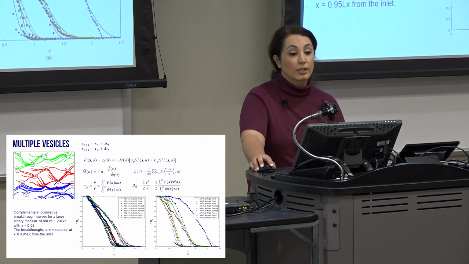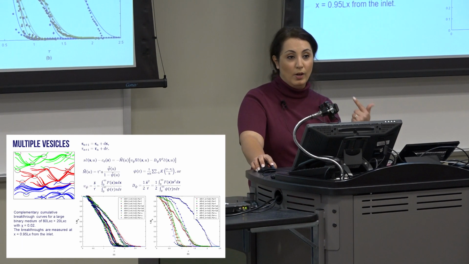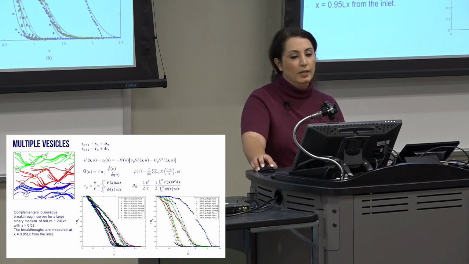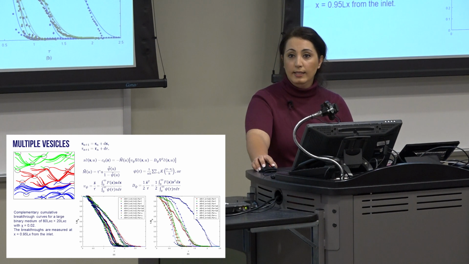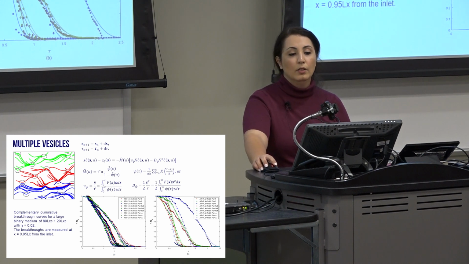So in the continuous time random walk for multiple VOGs, what I can do is either solve this differential equation analytically, or I can solve it numerically. Numerical solution of this is also easy.